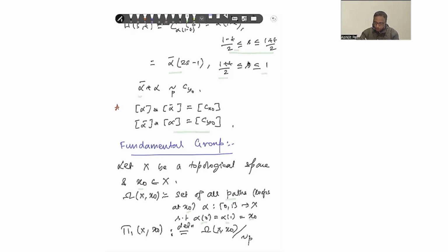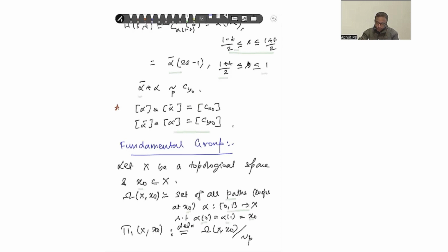By loop, what do I mean? A loop is a continuous map from the closed interval [0, 1] to X, and at the endpoints it remains the same point x naught.